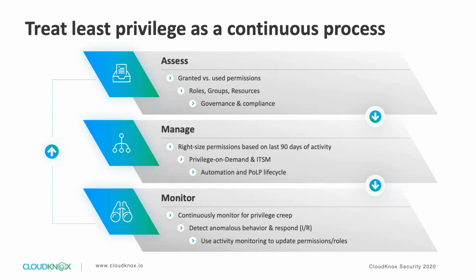And leveraging that automation to fast track and ensure the proper life cycle for the principle of least privilege. And then in addition to all of that is monitoring. So in addition to assess and manage in that remediation process is also monitoring.